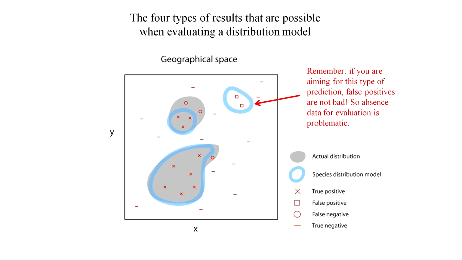We want to be very careful when we're using absence data. If we're interested in this kind of prediction, which theoretically from yesterday morning we should be, that's a kind of prediction that we would expect the model to make, and it's a good prediction, but we don't want to punish our models for making false positive predictions because that's a good result.